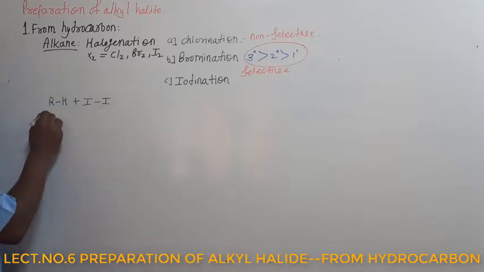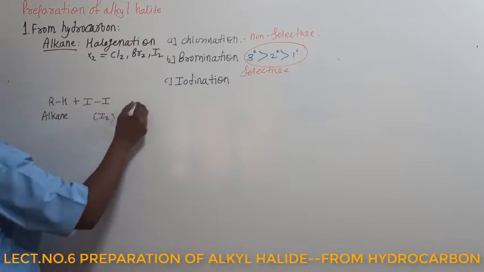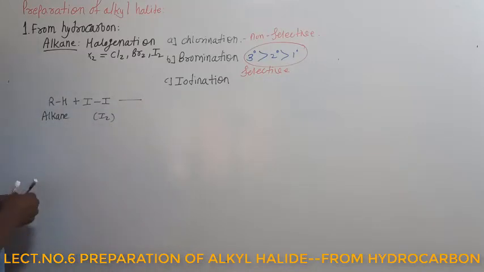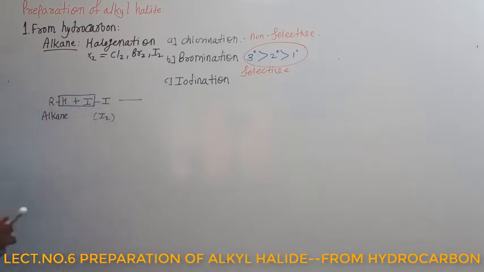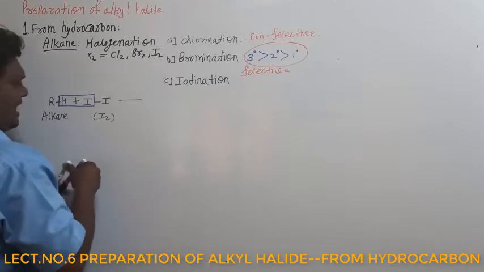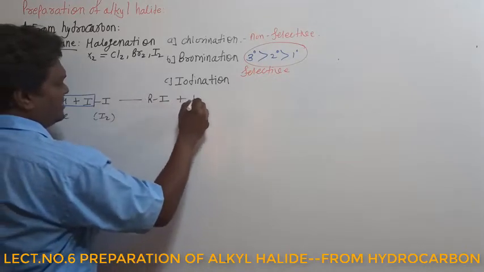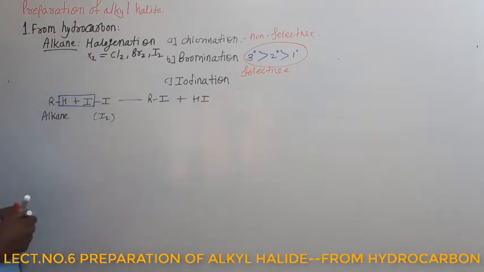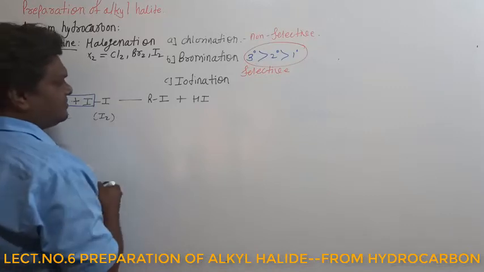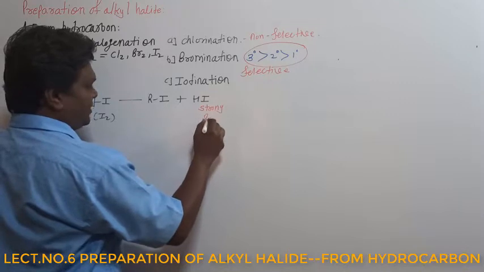The hydrogen atom will combine with an iodine atom, and the alkyl group will attach to iodine. So we will have alkyl iodide plus HI. But this is impossible, because this HI is a very good, strong reducing agent.